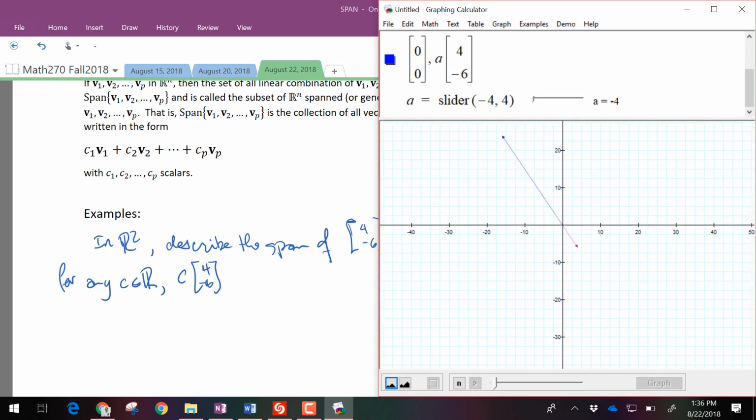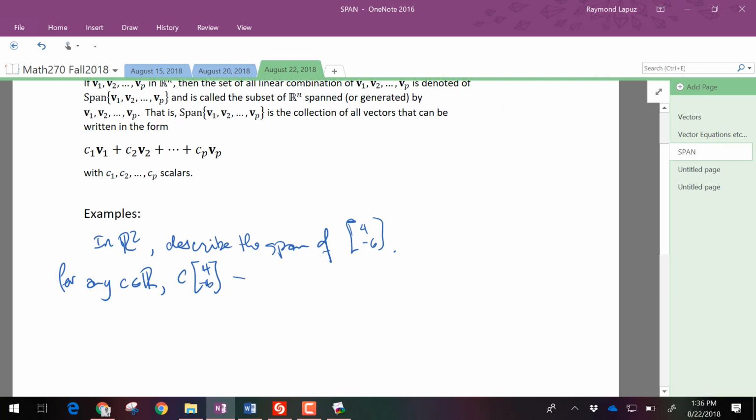I have to zoom out a little bit, but if you imagine scaling it, I'm restricted to just this line. I don't get out of that line. So that's the span, right? So what happens is that this thing is going to be any point on the line containing 0, 0, and 4, negative 6.